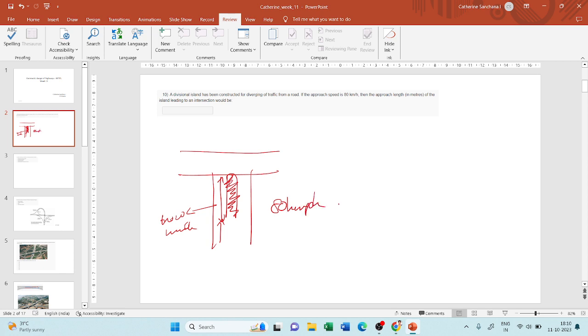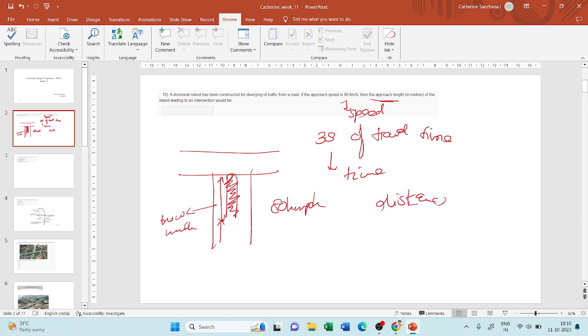The answer to this is a straightforward problem if you see sir's slides. You can find that the approach length is nothing but the length corresponding to 3 seconds of travel time. You have the speed, you have the time, you have to find the distance.